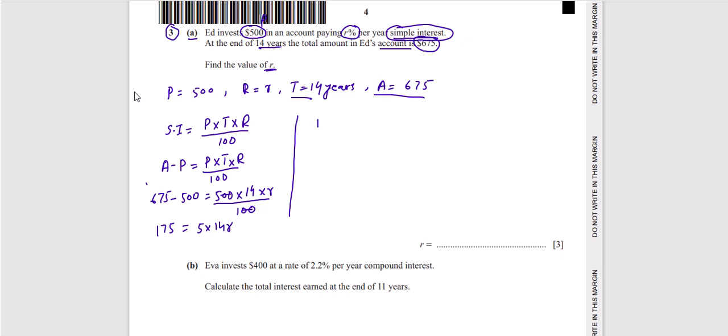So 175 is equal to 5 multiply 14, that is equal to 70r. So divide by 70, r is equal to 175 divided by 70, so r is equal to 2.5. The final answer is 2.5.